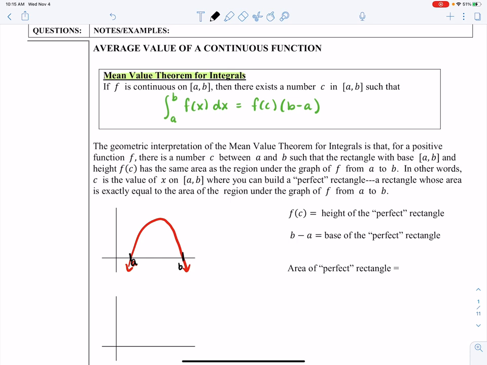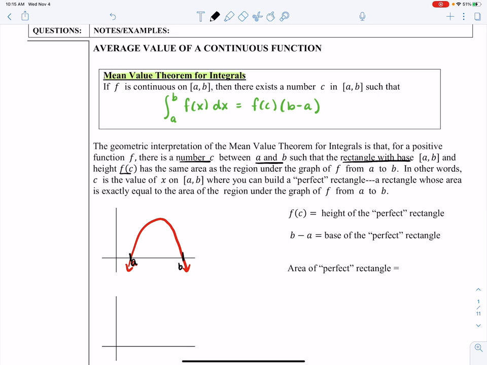So the geometric interpretation says that we're going to have a number c in the middle of a and b such that the rectangle with base a, b, and height f of c has the same area as the region under the graph.